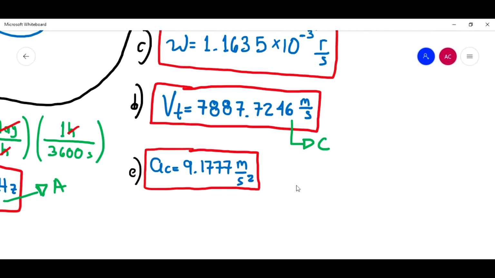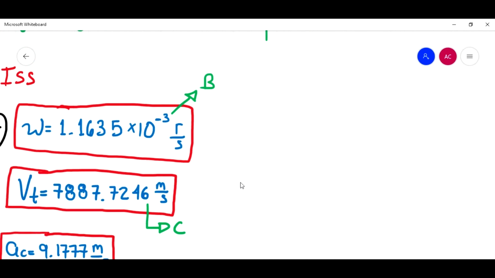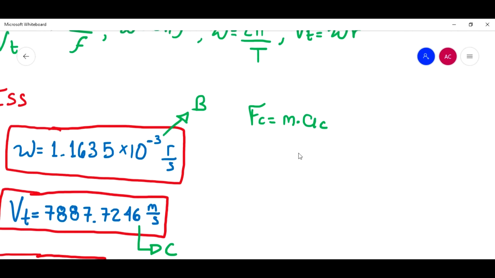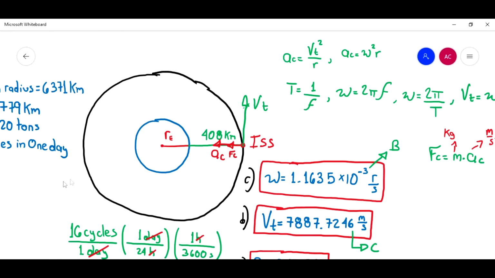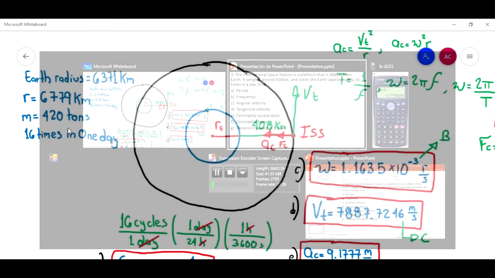Yeah, centripetal force. So I'm gonna write the equation for centripetal force. The centripetal force equals mass times the centripetal acceleration. Okay, so just remember that mass must be in kilograms, and centripetal acceleration must be in meters per second square. Okay, so the mass, I got it in metric tons, I guess, so I will have to multiply by 1000.